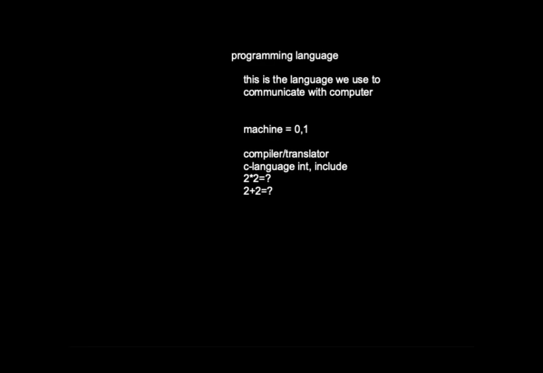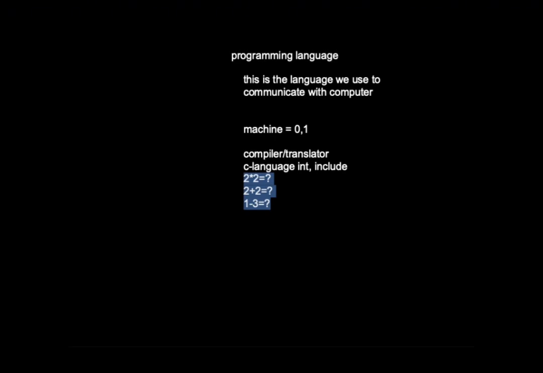And the third is 1 minus 3. These are 3 different tasks you're giving the computer, and the computer doesn't understand any of this. So we need to write this in a programming language.